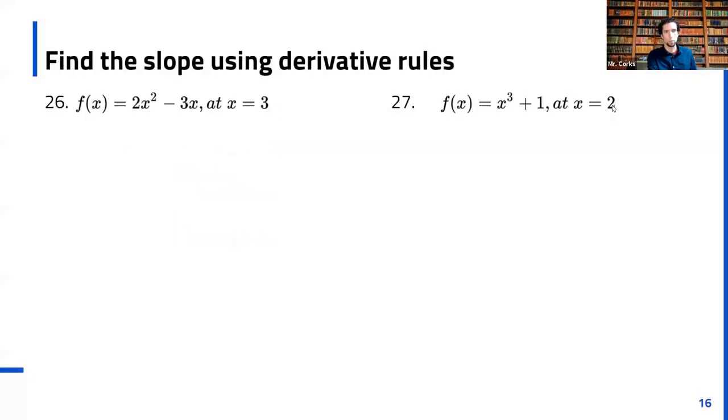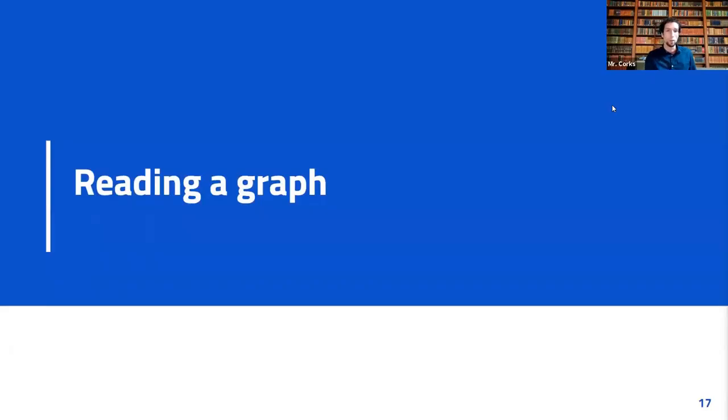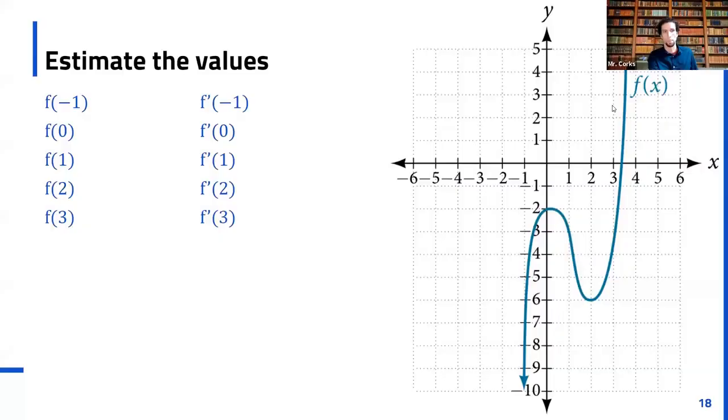Let's get back to where we were here. So last bit, I want to do a bit more practice about just reading a graph and seeing what slopes are or are not at various points. Also a practice of function notation here.